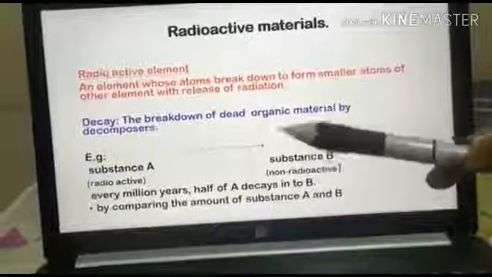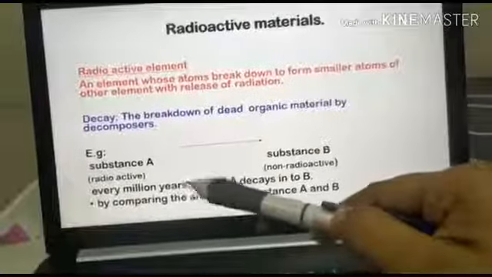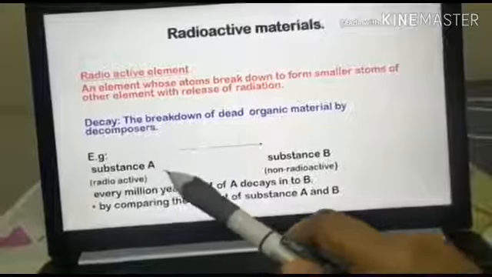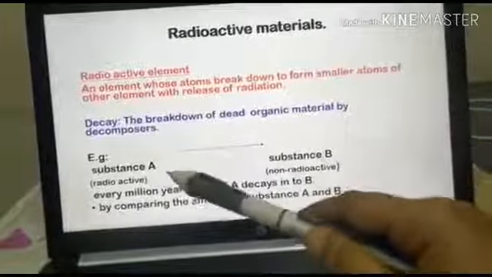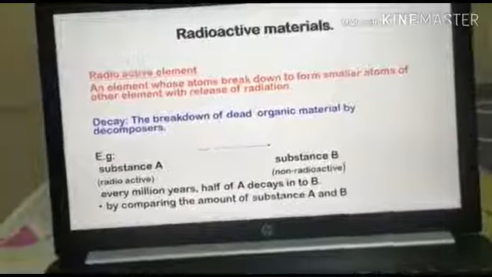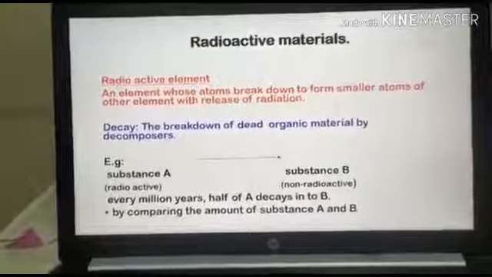From it we can find the age of the earth. So every 1 million years, A will become half. Both will be 50% and 50%. So 1 million years is finished, we can calculate from it.